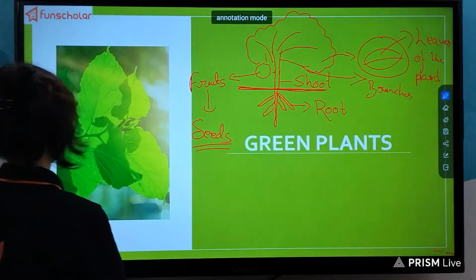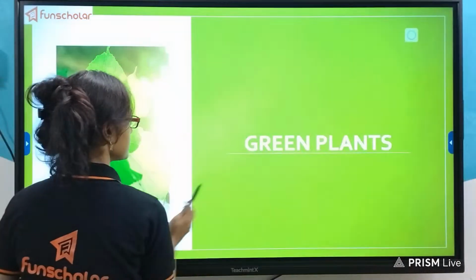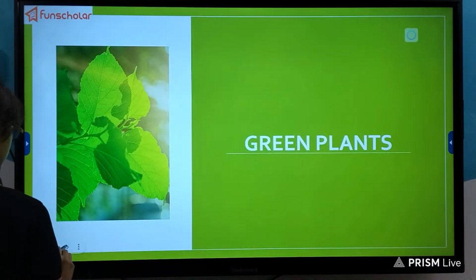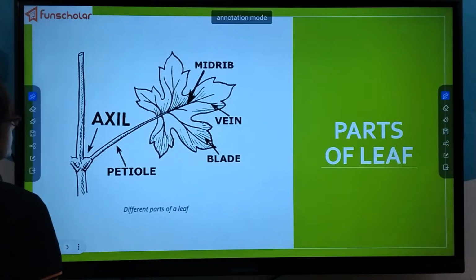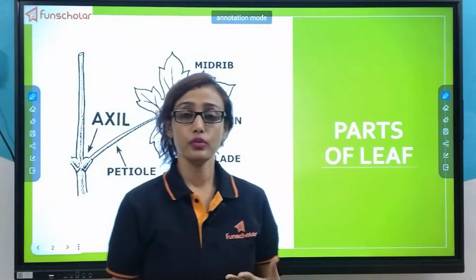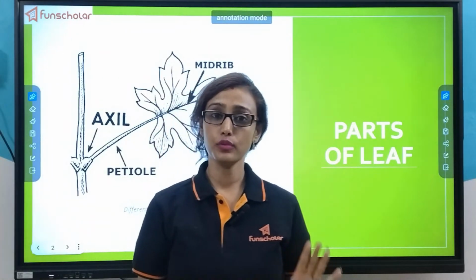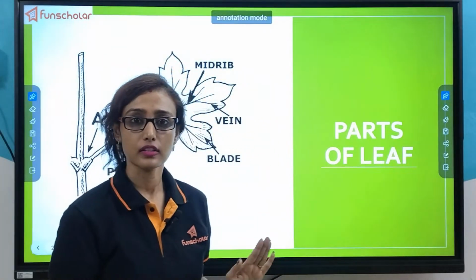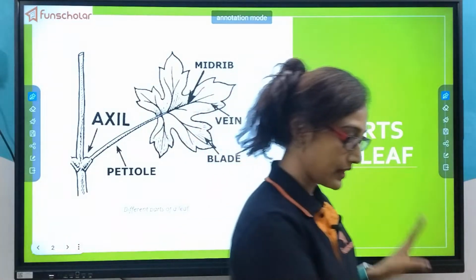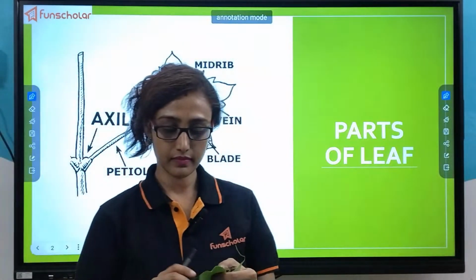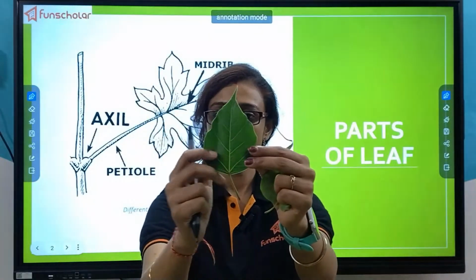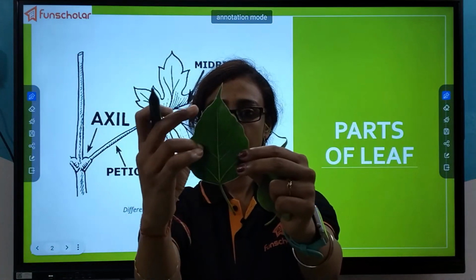Okay? So to know about the leaf, you have to know about the basic structure of leaf. Now let me show you some leaves. See, this is a leaf. Can you see it?